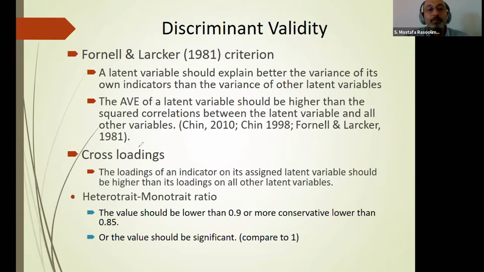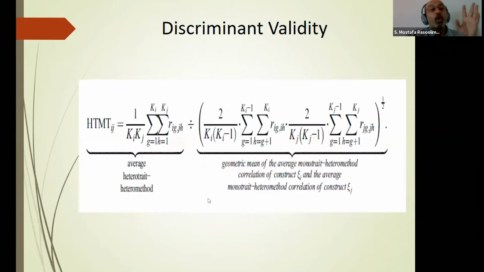And the last criterion for assessment of discriminant validity that was developed recently is the heterotrait-monotrait ratio, HTMT ratio. The HTMT ratio is something similar to Fornell-Larcker, based on correlation, but using this formula: correlation within a construct between items divided by correlation of items of this construct with other items.